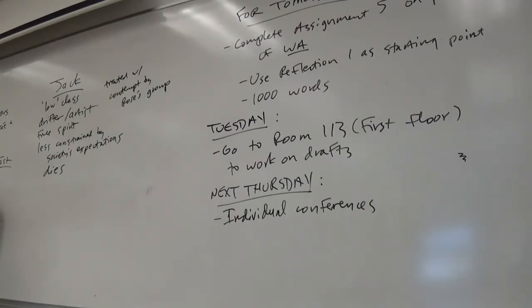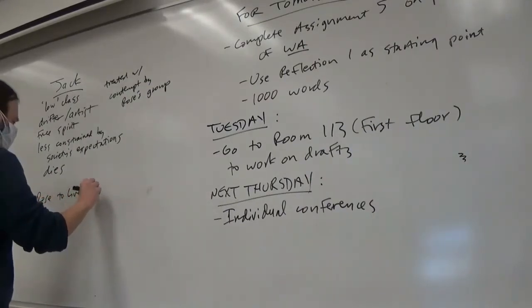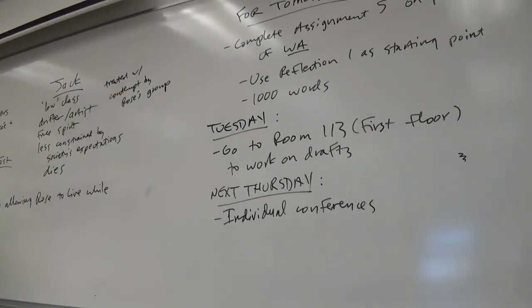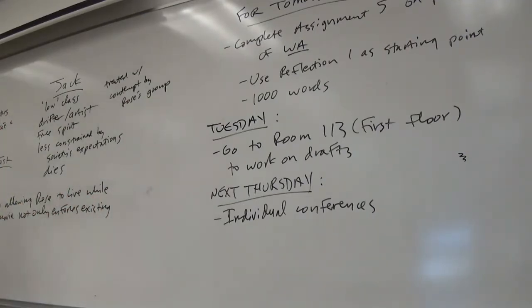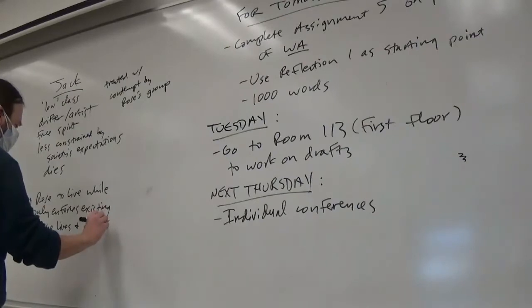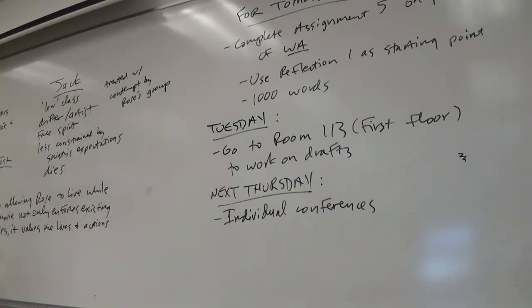In the end, by allowing Rose to live while Jack dies, the movie not only enforces existing class hierarchies, it values the lives and actions of the wealthy over those of the poor.